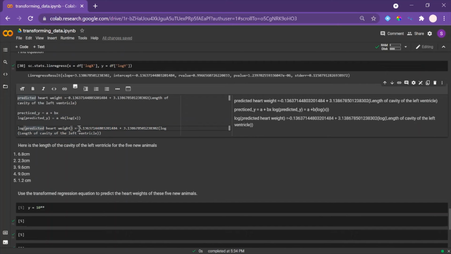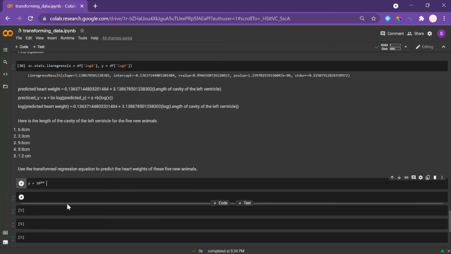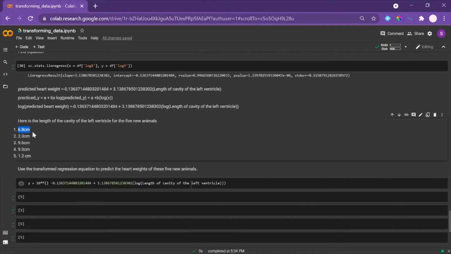I'm just going to go ahead and get that from here, times this. And our first prediction that we want to make is an animal of 6.8 centimeters. So I'm going to plug that in right here. And because, again, this is not math way, we're not using parentheses for multiplication.